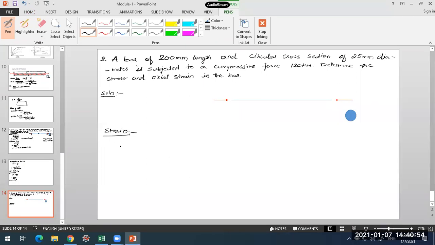So for strain, what is the change in length? We need this delta L quantity, delta L by L. Delta L we can obtain by knowing the load, length of the member, cross-sectional area, and modulus of elasticity, E. So E, you take it to be 200 into 10 to the power 3 Newton per mm square here.